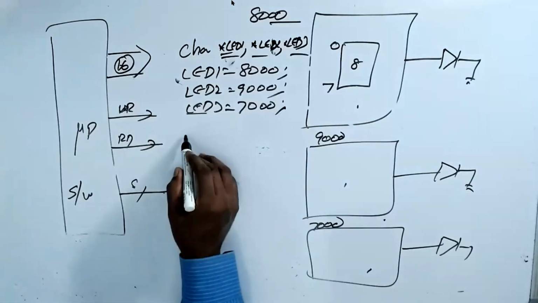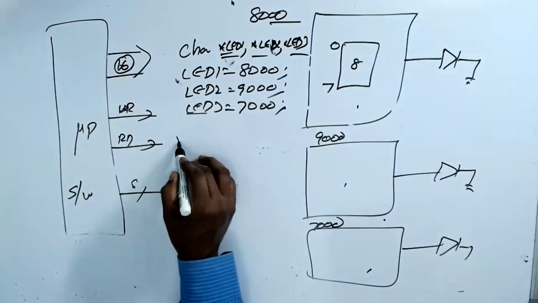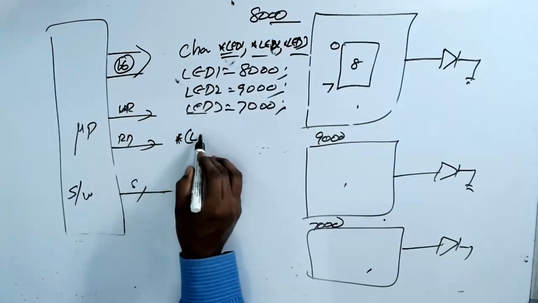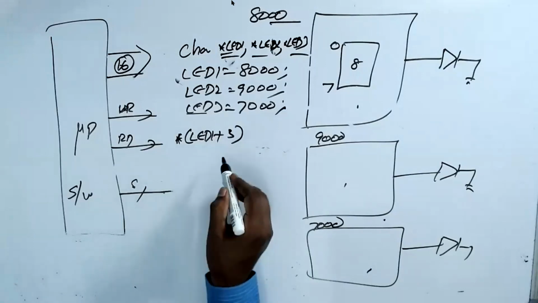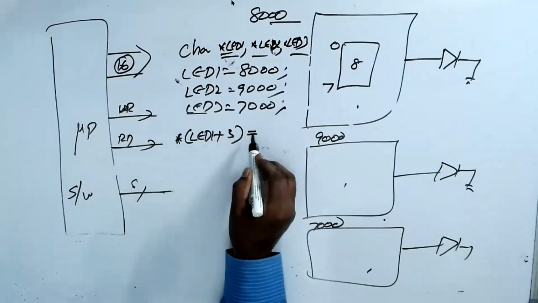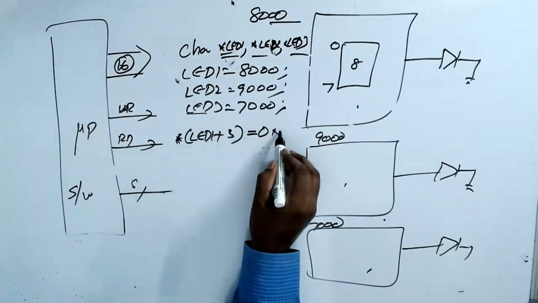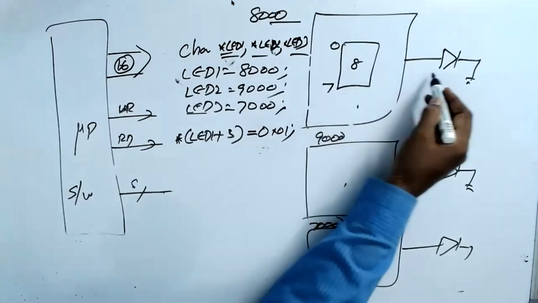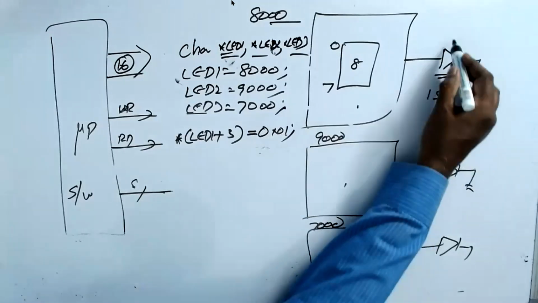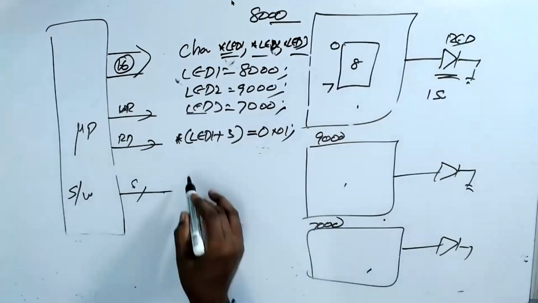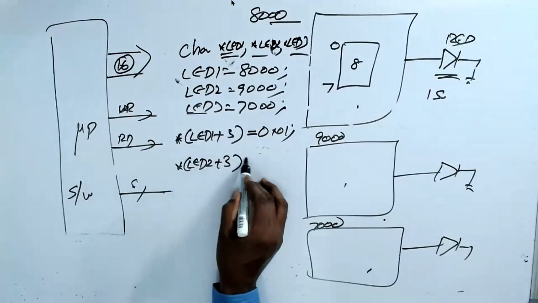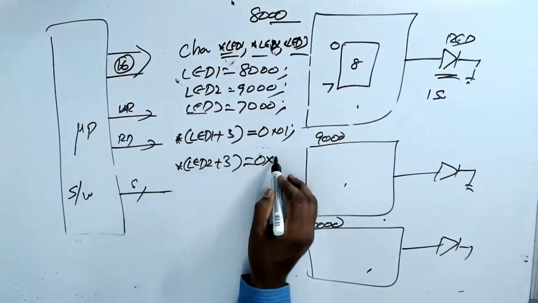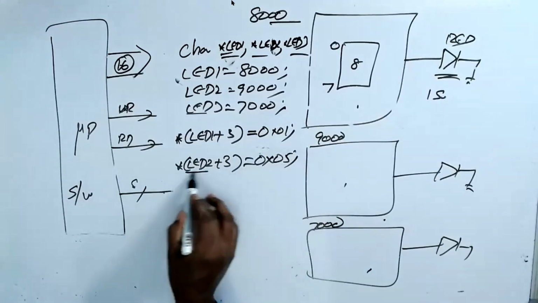Now I say *(LED1 + offset 3) equals some 0x01. So this LED is going to blink every 1 second, red. Now I say *(LED2 + 3) equals 0x05. LED 2 is 9,000.